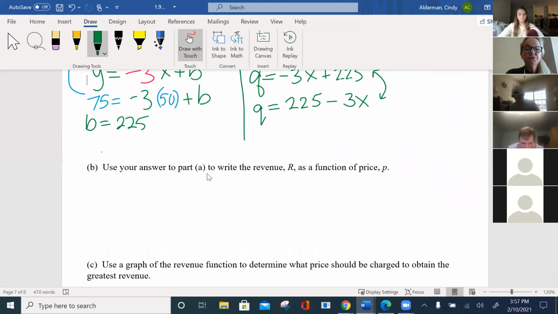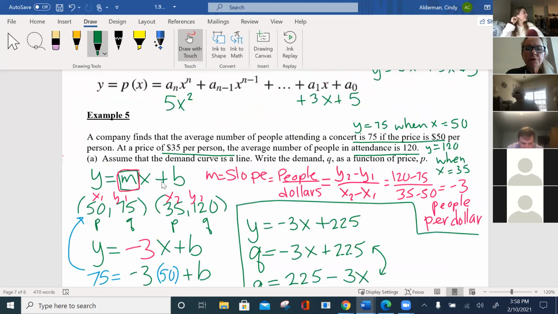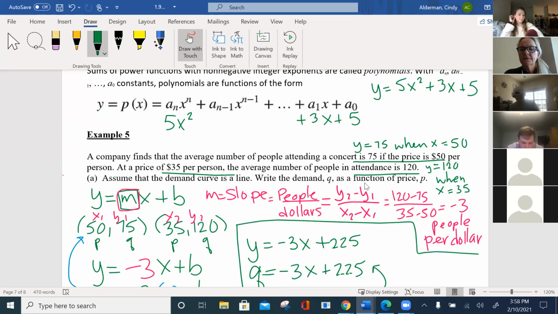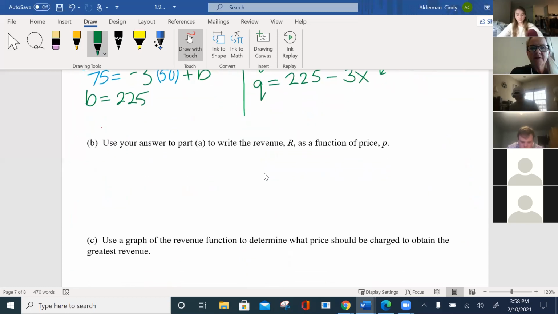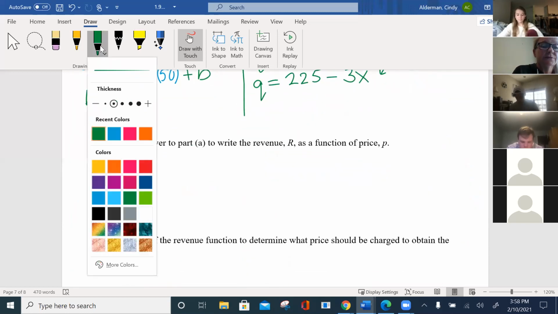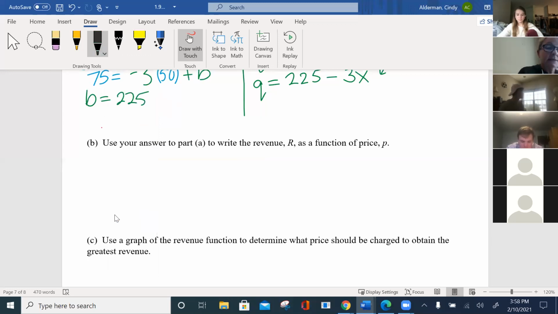Okay, so now we're going to use our answer in part A to write the revenue as a function of price. Well, one thing that you do know is that the revenue would be the price times the quantity of people, right?